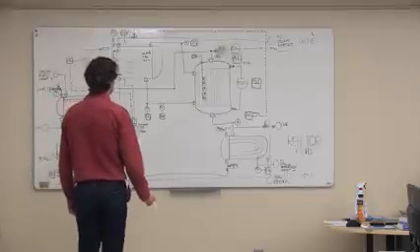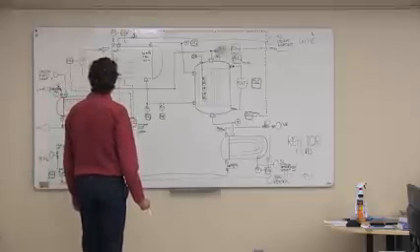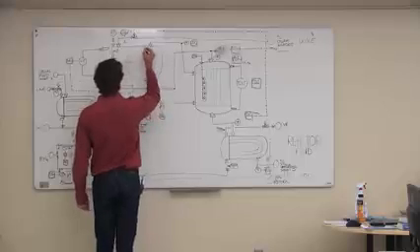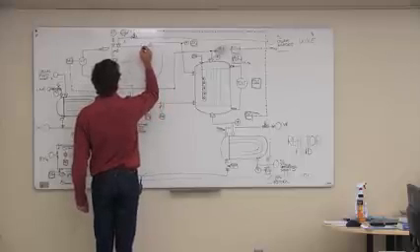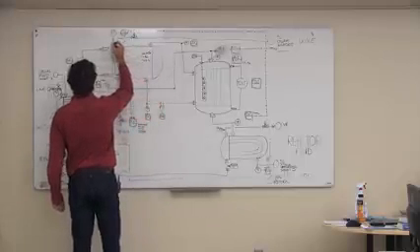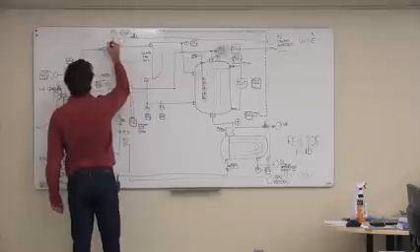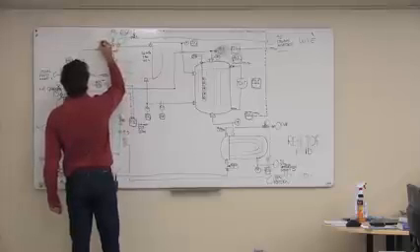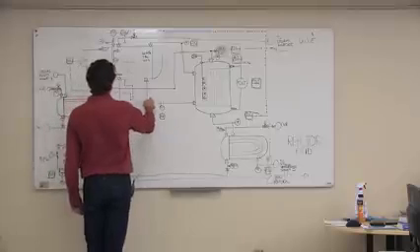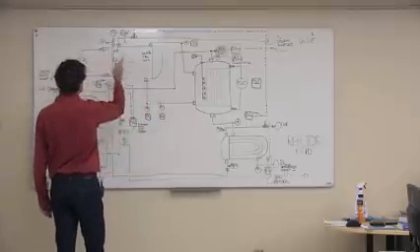There's a couple of other things we probably want to put in here. You probably want to have a pressure indicator on here. So we can put it off here, put it off the same nozzle if we want. Like that. We know what the temperature is. Okay, so we know the temperature, the pressure, the level.